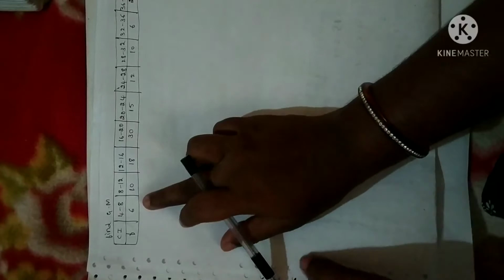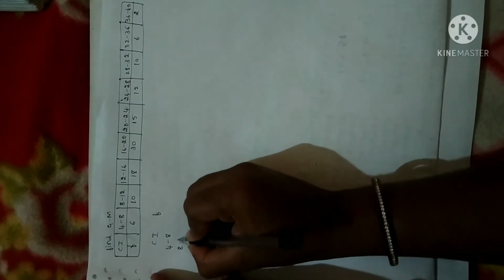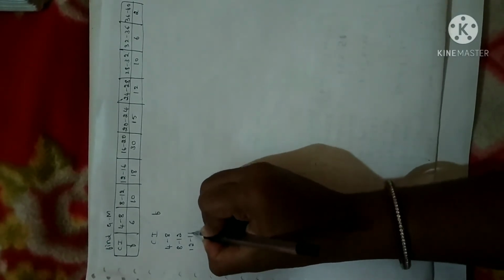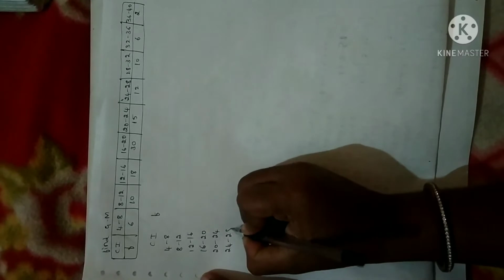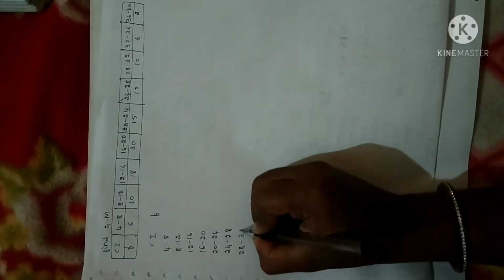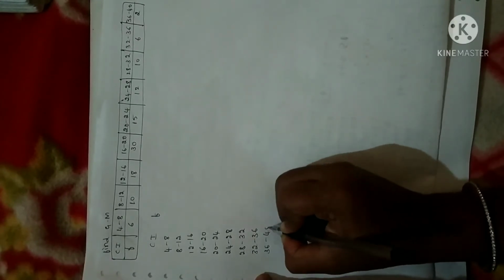Now let me solve one more problem. So here is a problem. We have to find the geometric mean. Class intervals and frequencies are given. So let me make a list. Class interval: 4 to 8, 8 to 12, 12 to 16, 16 to 20, 20 to 24, 24 to 28, 28 to 32, 32 to 36, 36 to 40.